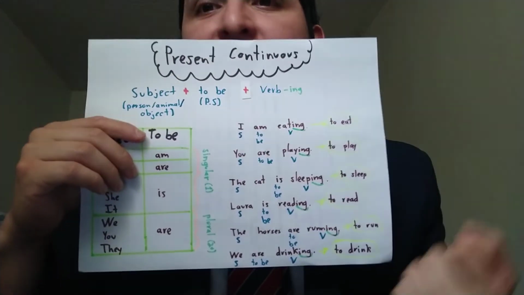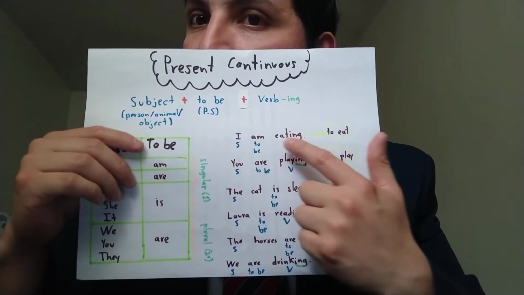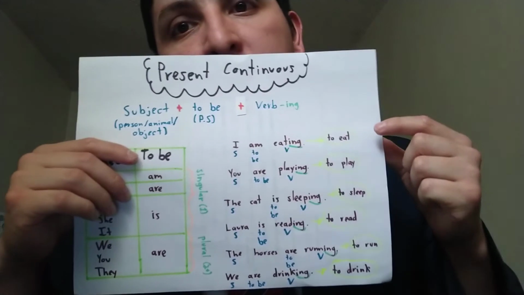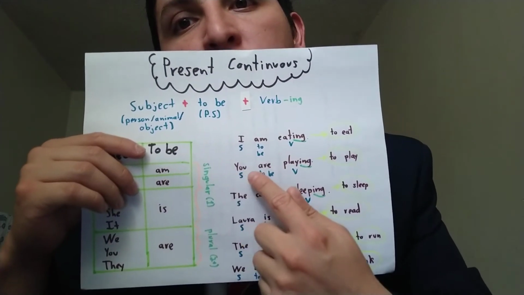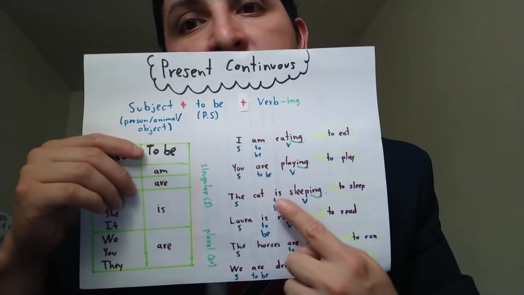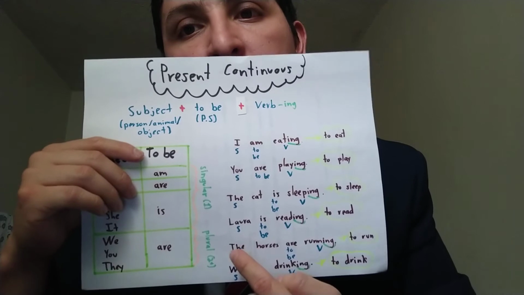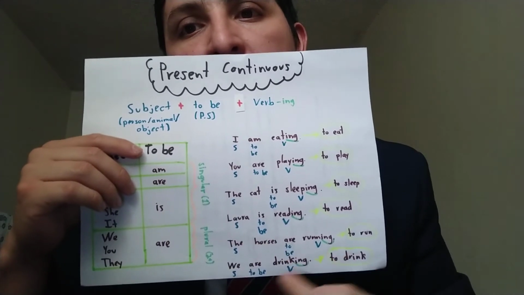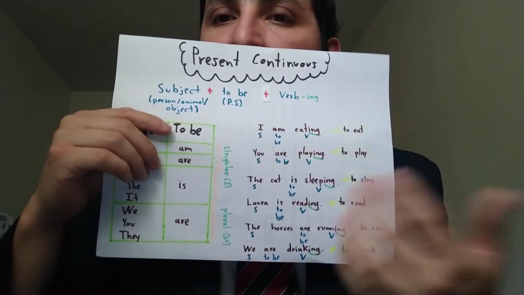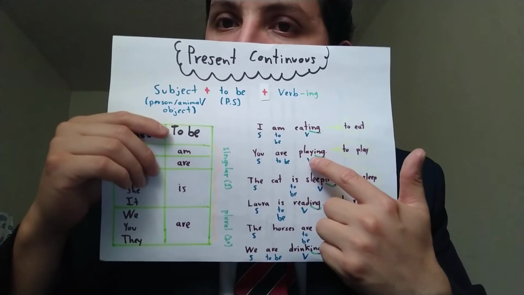I am eating. Subject, the verb to be, and the verb with the ending ing. You are playing. The cat is sleeping. Laura is reading. The horses are running. We are drinking. As you can see, all of them have subject, verb to be, verb.